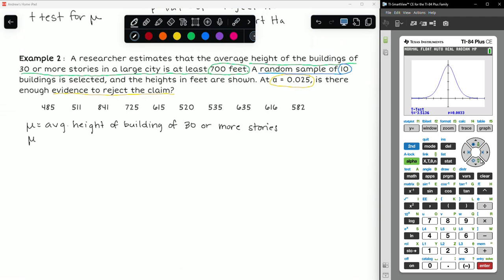I know that the claimed value for that mean is 700 feet. I know that my sample size is 10, and I know that my level of significance is 0.025.